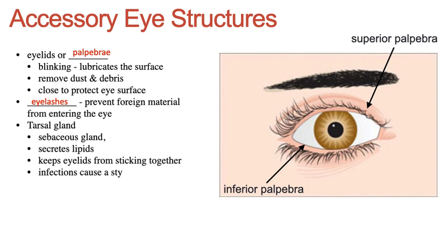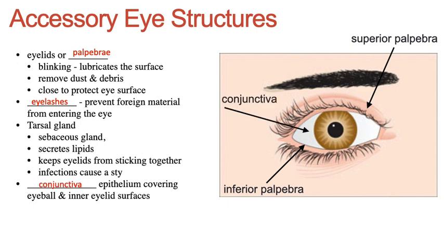So the next thing I want to discuss is the epithelium that actually covers the inner surface of the eyelids as well as the outer surface of the eyeball itself. That is called the conjunctiva. The conjunctiva that covers the inner surface of the eyelid is called the palpebral conjunctiva. And then you have the bulbar conjunctiva, or ocular conjunctiva as it is sometimes called, that covers the anterior surface of the eye.